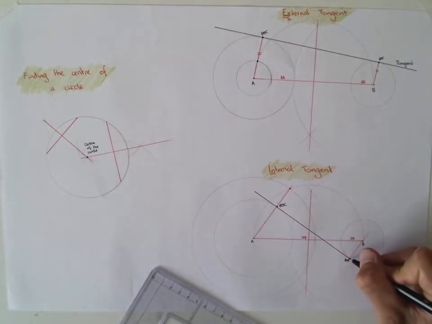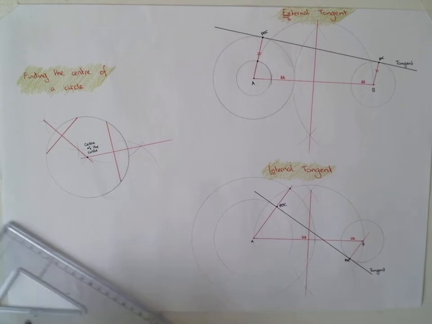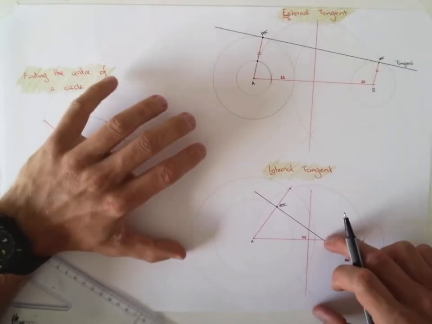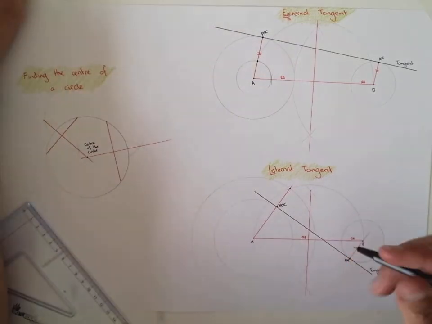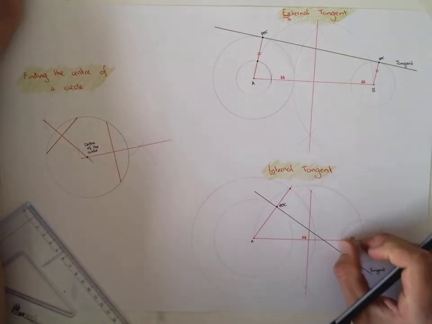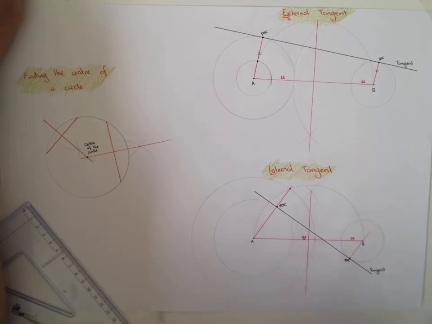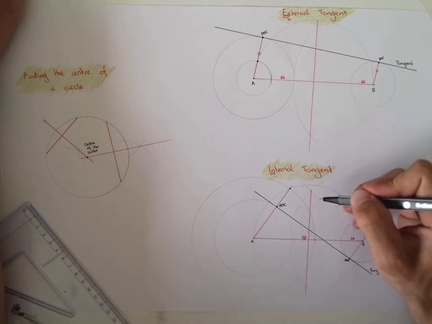So I'll just talk through that briefly. For our internal tangent, we're increasing the size of our larger circle, taking the smaller radius and adding it on. So there's our RB, you're adding that on, you're increasing it. Drawing our semicircle after we bisect the line AB, which contains both the center points.